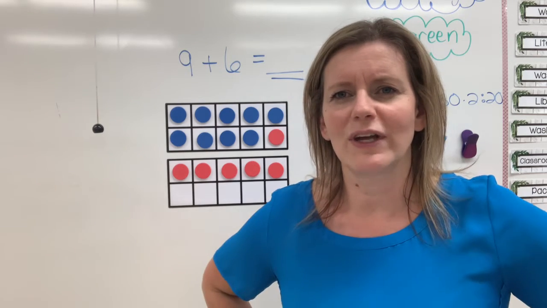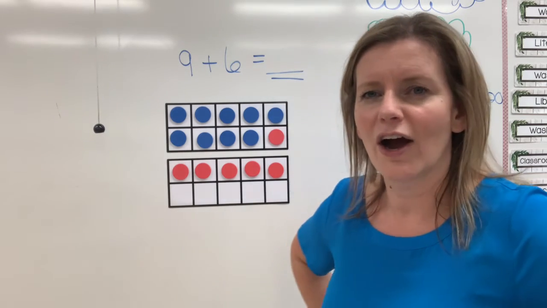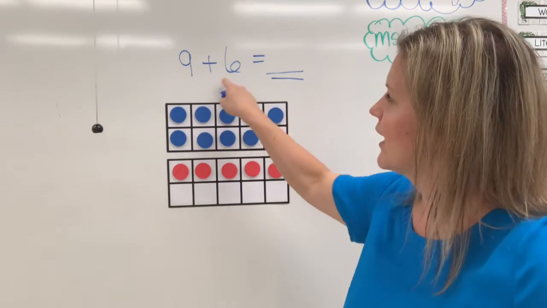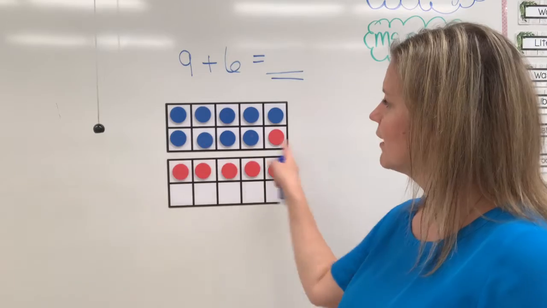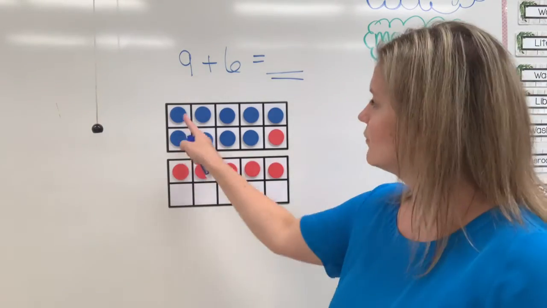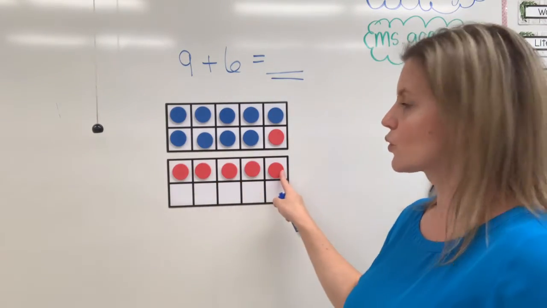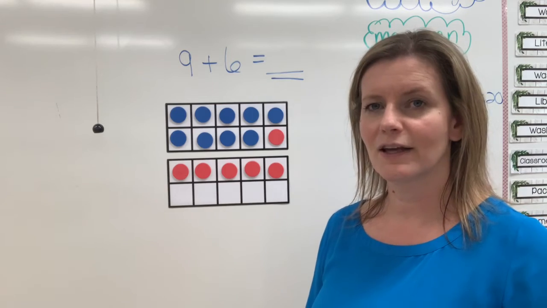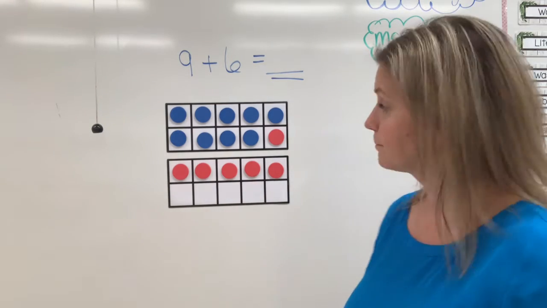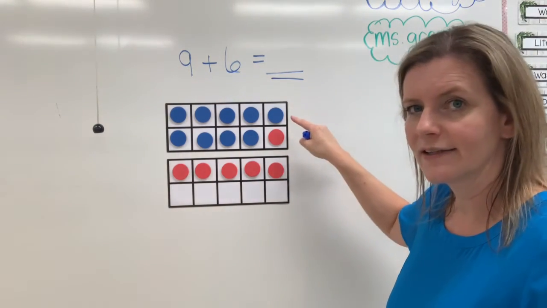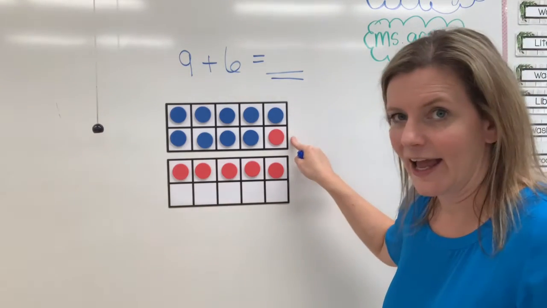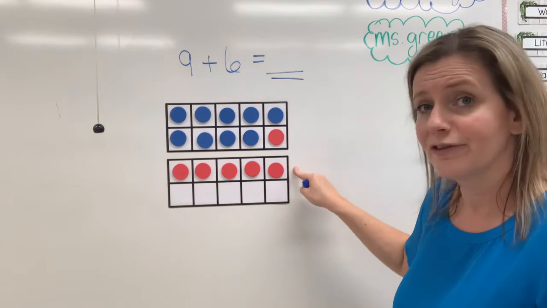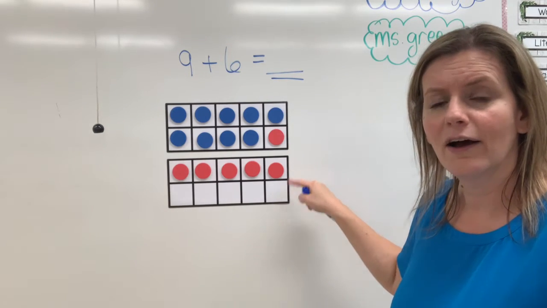I wonder if we can figure out our answer to 9 plus 6 if we count by fives, because we've got 1, 2, 3 fives, 3 groups of fives. Let's try it. 5, 10, 15.